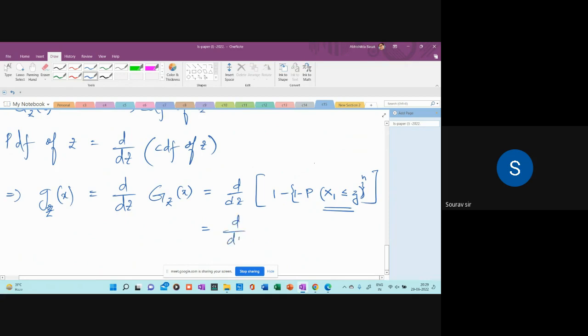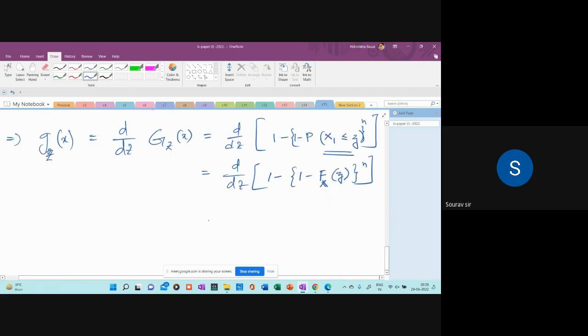So let's do this. 1 minus capital F of z whole to the power n. Because this is x1, so this is z. This will be x.